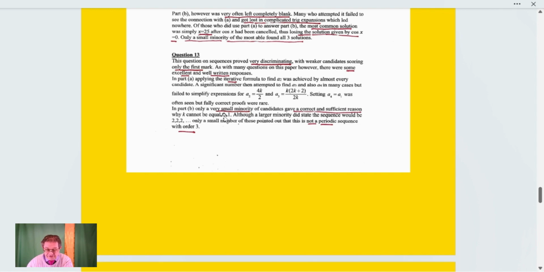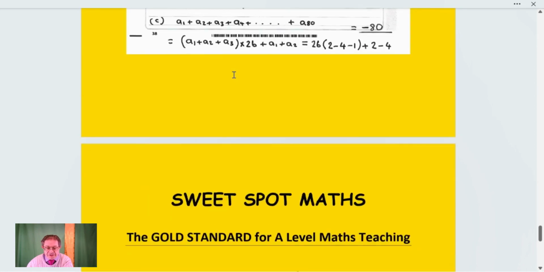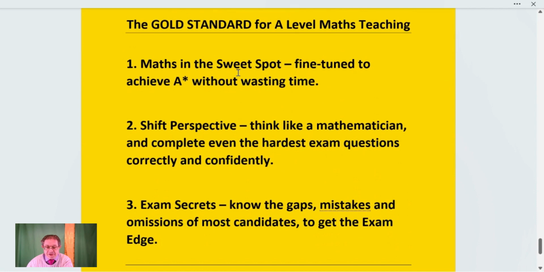When it says a question is very discriminating or was found to be hard, that might induce fear and alarm. But actually, with more able candidates, you can make these areas of difficulty, of weakness for other candidates, your areas of strength. And that is one of the principles of sweet spot maths. It is to do maths in the sweet spot, fine-tuned to achieve your A star without wasting time.